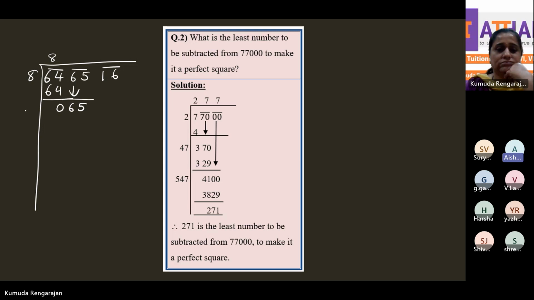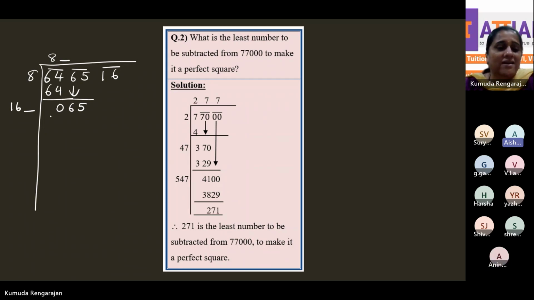It'll be 16, and then we need to put a number which when multiplied will be less than 65. I don't know which number would give me that. 0. Listen, so then it'll become 160, right? 160 into 0 is 0.